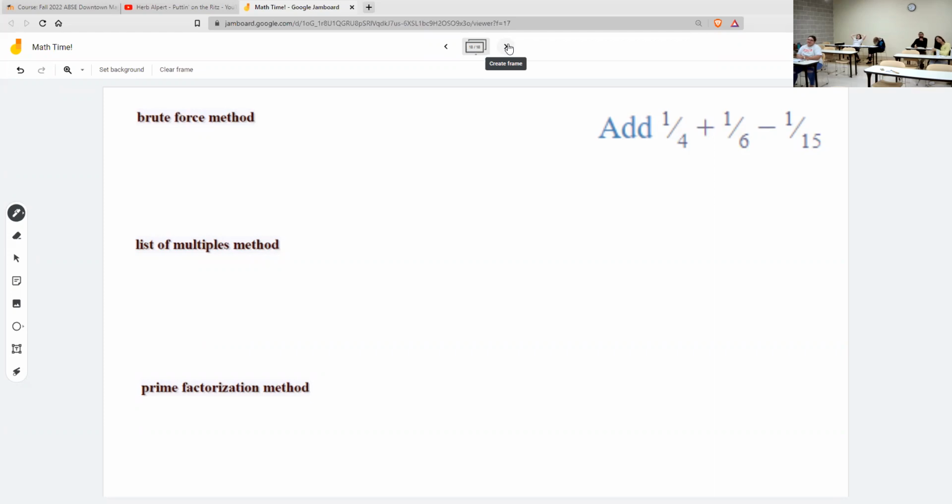What's my least common denominator going to be? 30, right? All 3 of those were, well, no, 4 doesn't go into 30. 60 will work. So you'll make each list up to 60, and it doesn't take that long even for 4s.